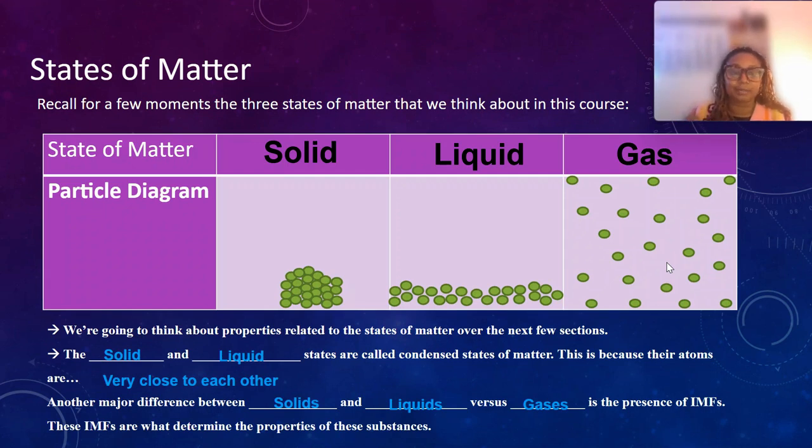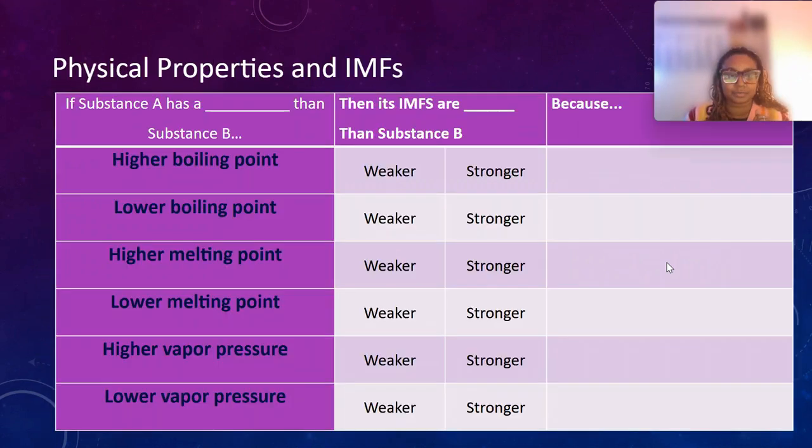These IMFs are what determine the properties of these substances. So what all of this means is that because solids and liquids are more condensed, their particles actually have intermolecular forces, versus when we look at a gas, those intermolecular forces ideally don't exist.